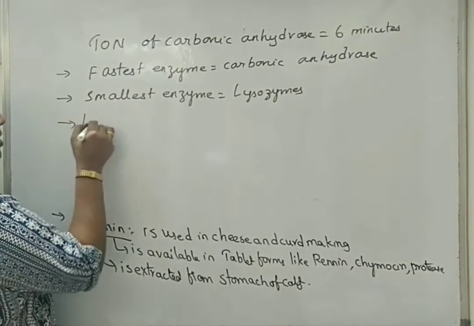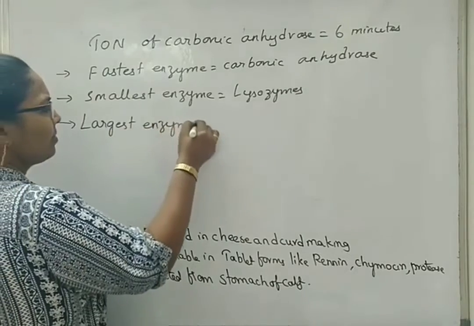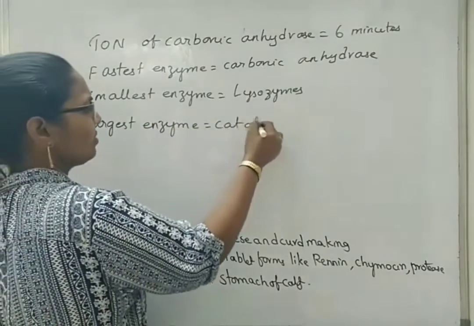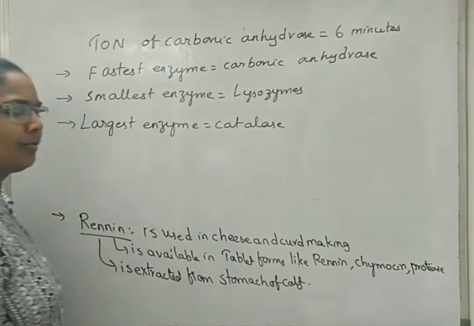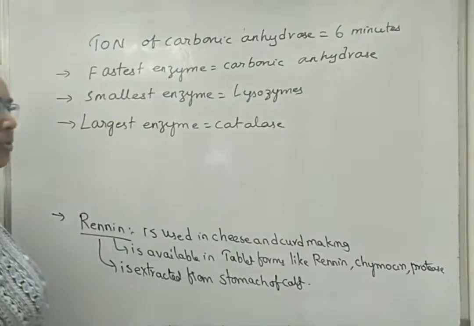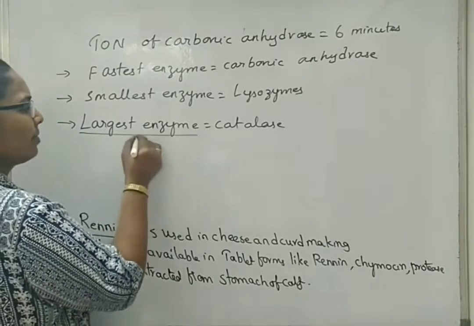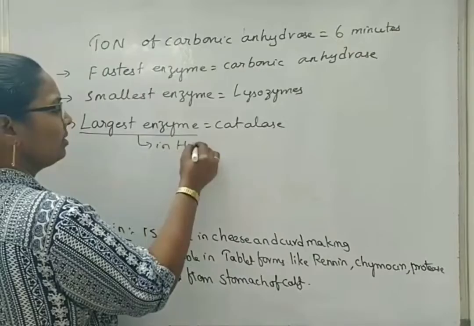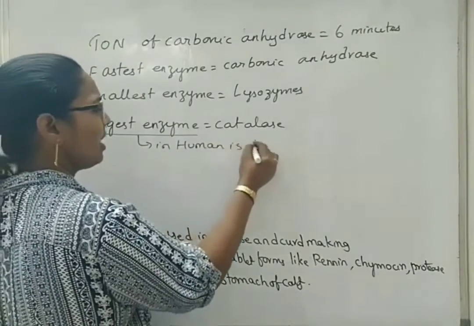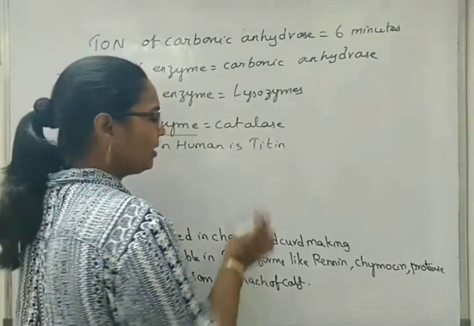Next, the largest enzyme will be catalase. But in case of human being, the largest enzyme is considered to be titin, which is used for the contraction of striated muscles passively. In human, actually this much depth is not necessary, just for your knowledge I am telling this point.